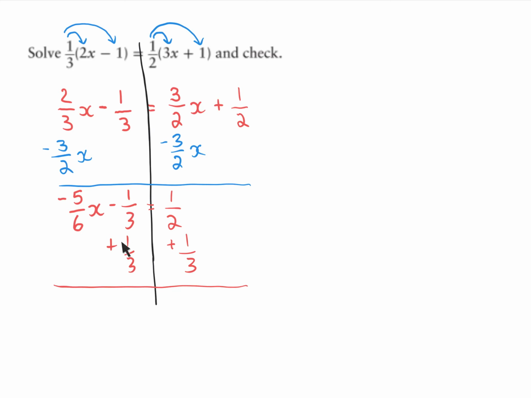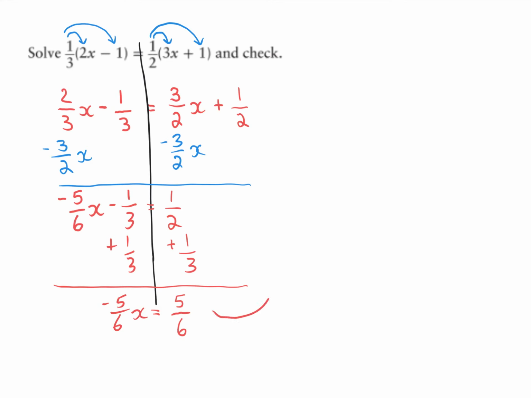These are gone. So I'm going to have 1/2 plus 1/3. And that's going to equal 5/6 on the right side, and on the left side, so we've dealt with those, all I have is -5/6x, like so.